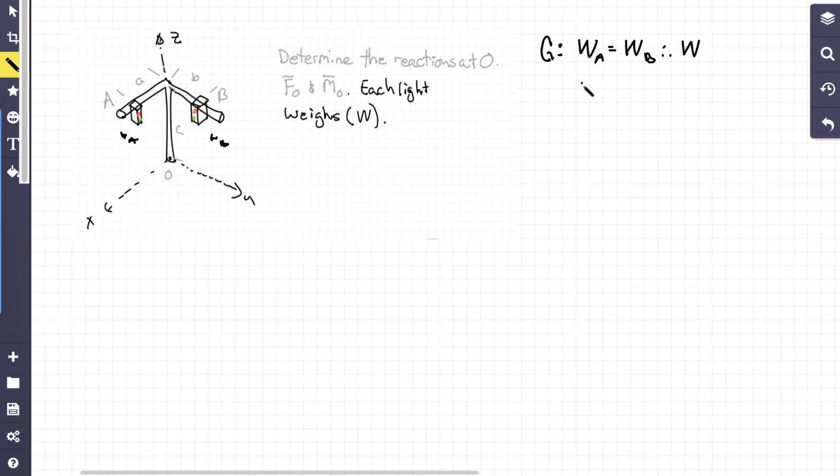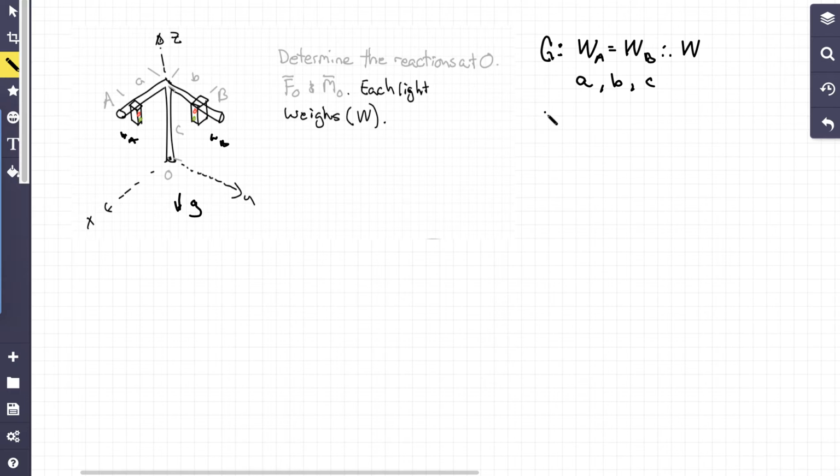We also know that A, B, and C are known. Now we can put values in there, but we're going to keep it general for now. You can always put values in, and these a's represent displacement or distance, and this W represents the weight. And of course, in most standard things, our gravity is going to go in the negative z direction.